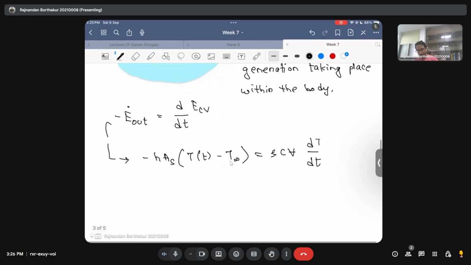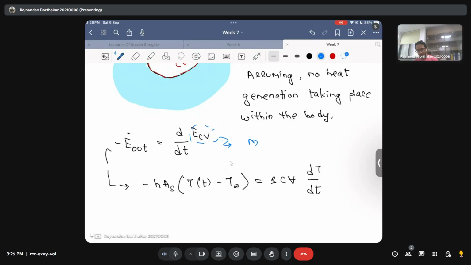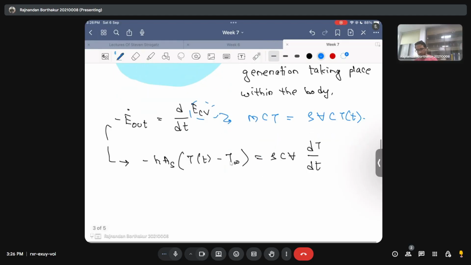So all you are doing here is writing E_CV as m C T, and m as rho times the volume, times the specific heat times the temperature, which is a function of t. From this you end up getting this form of the ODE.